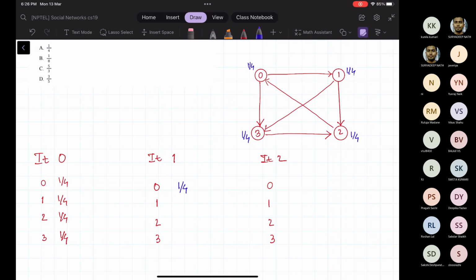But it has one incoming edge from node 0, which gives it half of 1/4, that is 1/8.